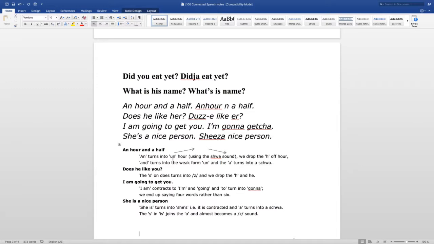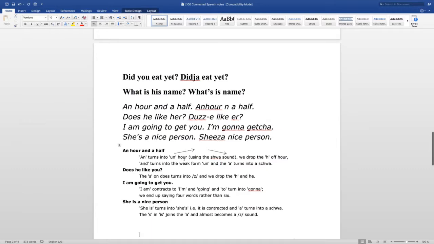"An" turns into "an hour," "an hour and a half," using the schwa sound. We drop the H off "hour," and it turns into the weak form "un," and the A turns into a schwa. "An hour and a half" becomes "an hour and a half." Right?